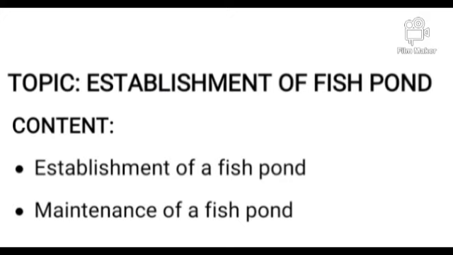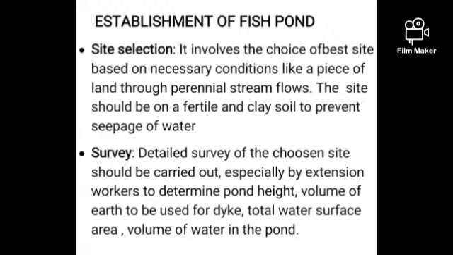Site selection involves the choice of best site based on necessary conditions, like a piece of land through which a perennial stream flows, that is, flow of water that does not dry. The site should be on a fertile and clay soil to prevent seepage or leakage of water. It should also have a valley with narrow neck and a fairly open area.